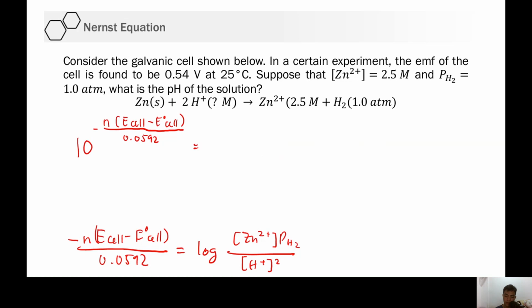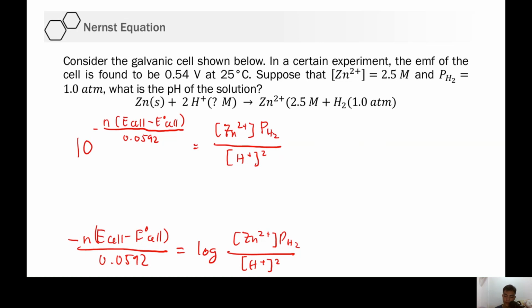So this will now be equal. Take note that the log will cancel out, so I'm not going to write the log anymore. This is the concentration of zinc 2 plus, pressure, oops, I'm sorry, it should be the pressure of H2 only, and the concentration of H plus squared.